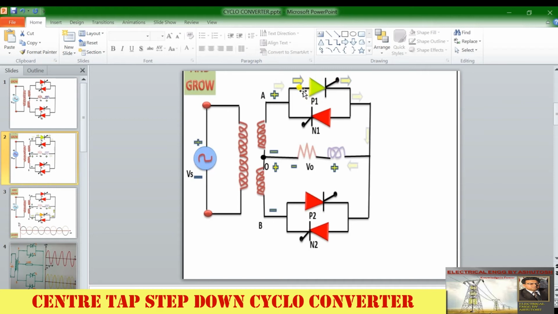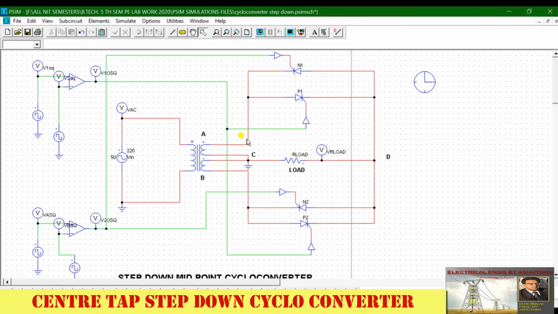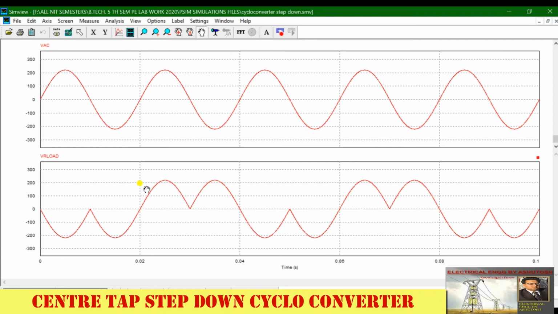This is P1 here, and resistive load D to C. Okay, this is the direction of current. Okay, from here A to P1, D to C. This is the direction of current, which is positive. So we get positive half cycle, and the conduction period 0 to 180 degree of thyristor.